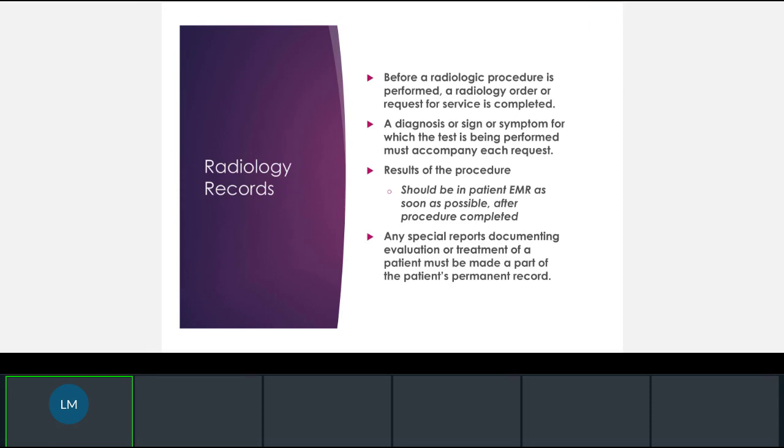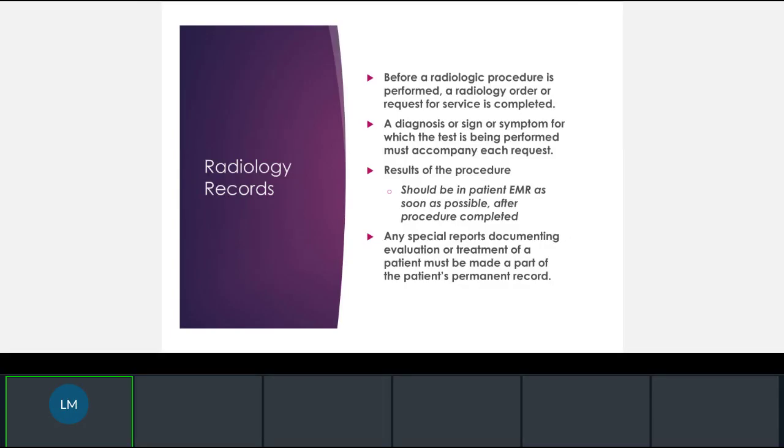All right. This is the part that I was telling you that is not in the book, but it is specific to our radiology records, just so you're aware of it. Before we can ever do any kind of radiologic procedure, there has to be an order or a request for service.